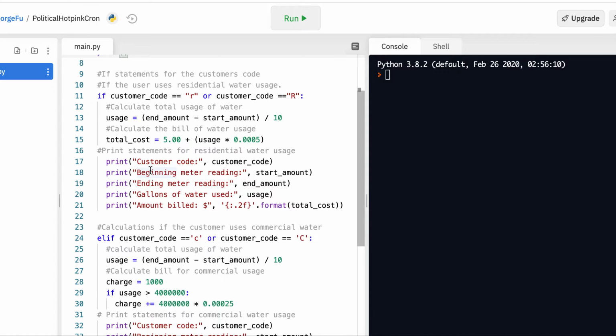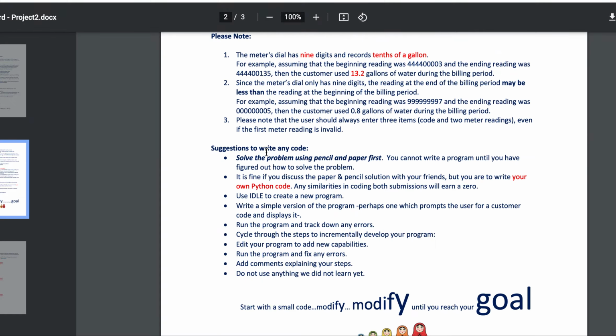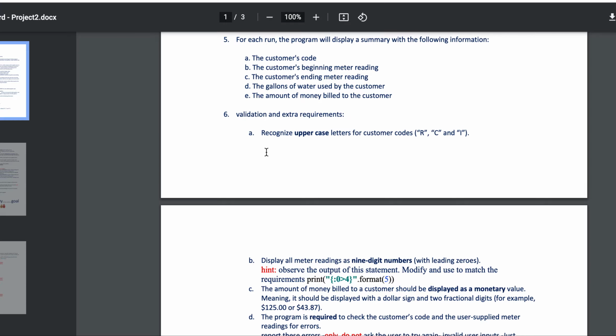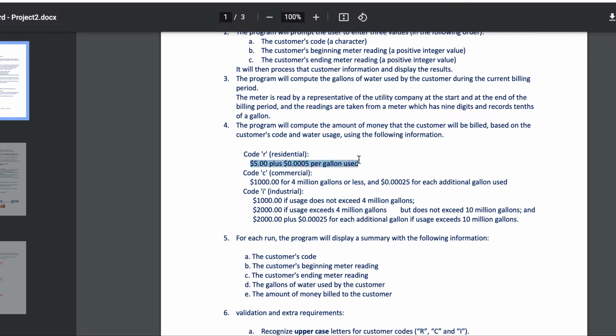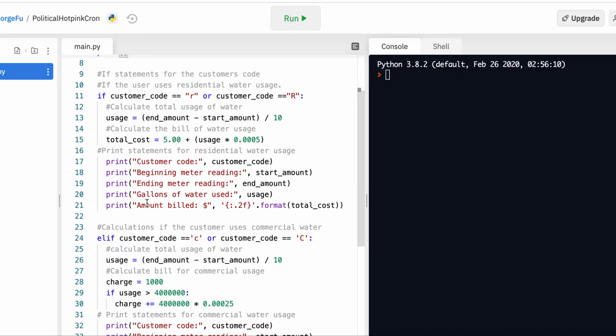Then line 15 calculates the total bill: total cost equals $5 plus usage times 0.0005, which was stated in the instructions. As you can see right here, it's $5 plus this per gallon used. That's the equation that is given, so we just input it into the program and it should run.